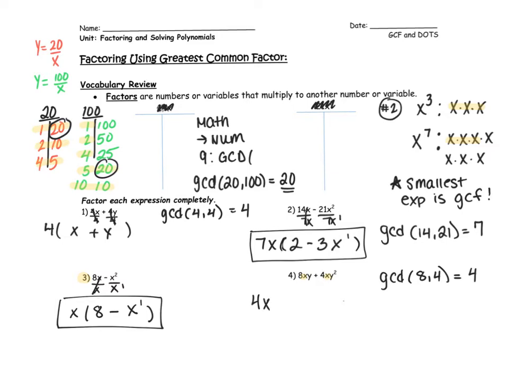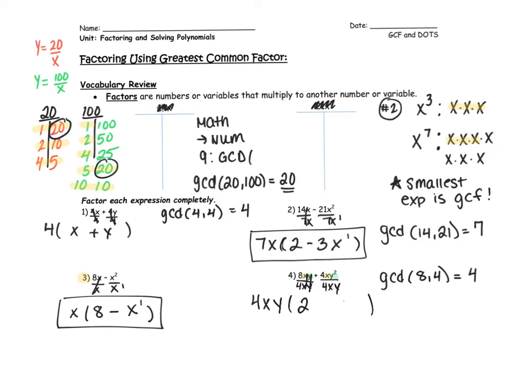Then we have a y and a y squared. So here's my y and my y squared. So we're going to take the smallest power between the y's, which is a y to the first. And we're going to divide both pieces by 4xy. So in the first part, the x's and the y's cancel, and we're just doing 8 divided by 4, which is 2.